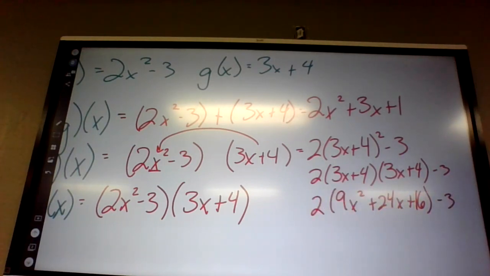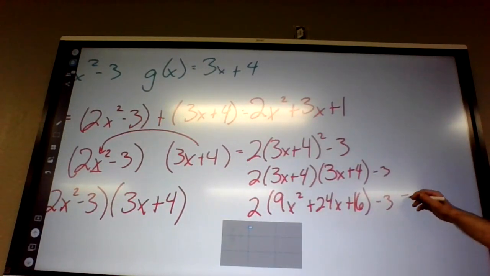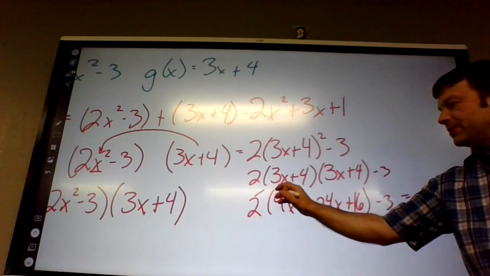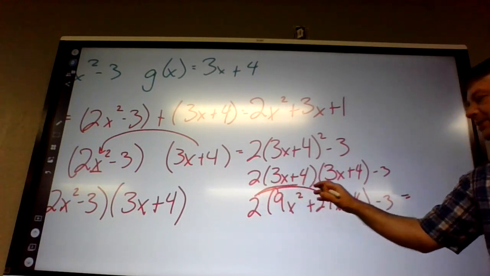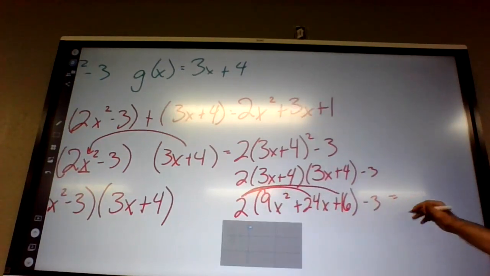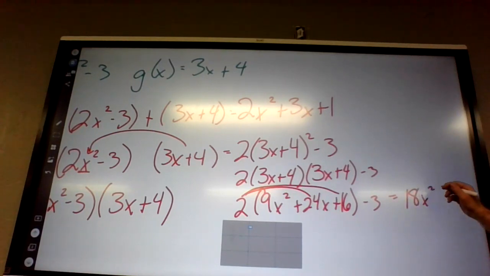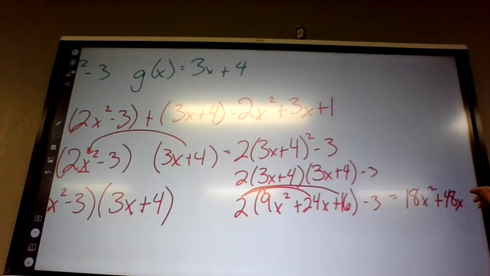Yes, but it's all review. Okay, anyway, and then you can do distributive property. So we get 18x squared plus 48x plus 32 minus 3.